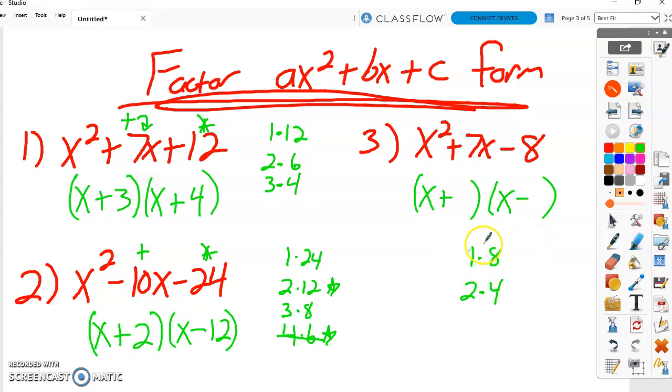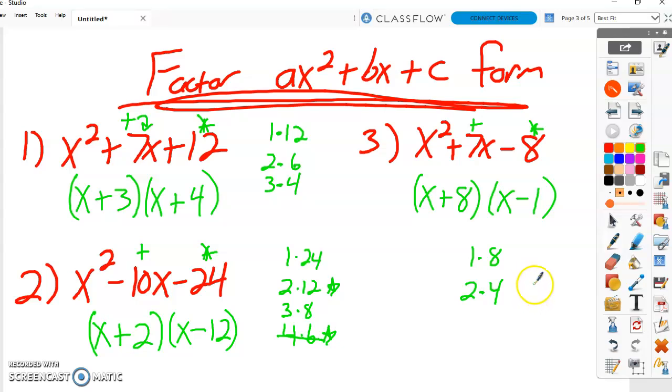Which pair of numbers subtracts to a sum of 7? Again, we need to multiply to here and add to here. The difference of 1 and 8 is 7. We want the difference to be positive, so positive 8 minus 1 will add to 7, and positive 8 times negative 1 will multiply to negative 8.